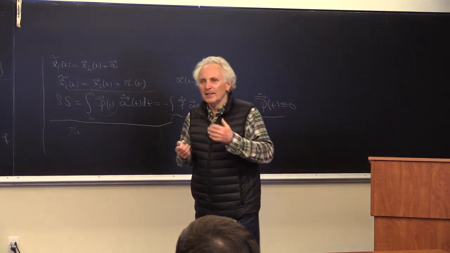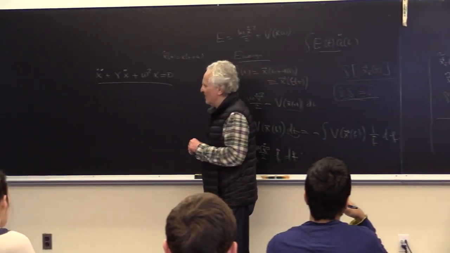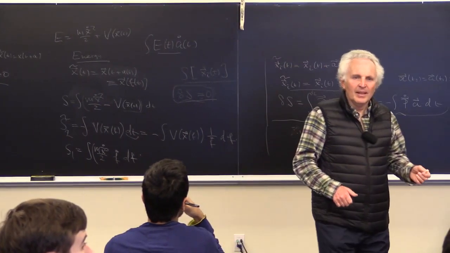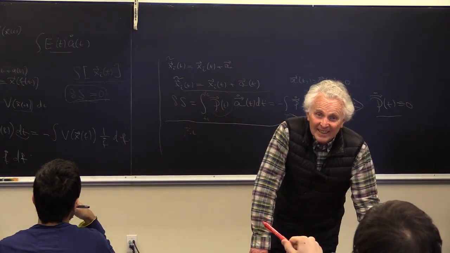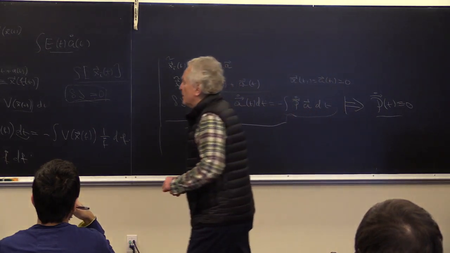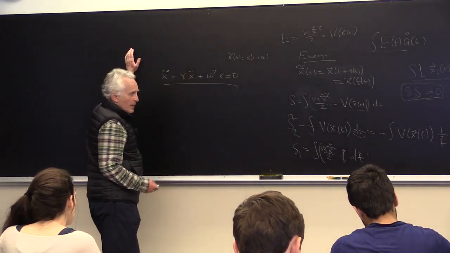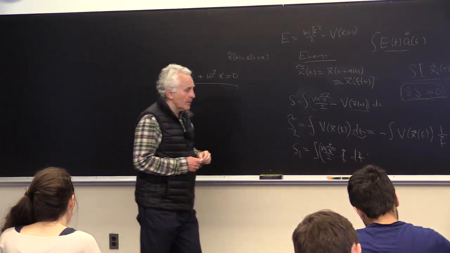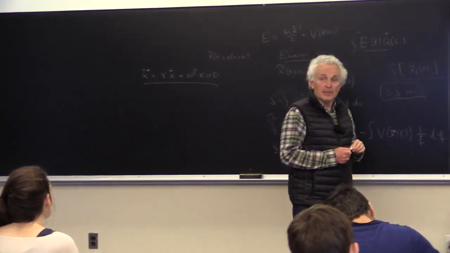Then you must make a single possible logical deduction from this. This doesn't solve the action equation? Say it again? That this equation is not a solution to the action equation. That's right. That's right. The answer to this question, which we will work out now, is that this equation is not derivable from the variational principle.